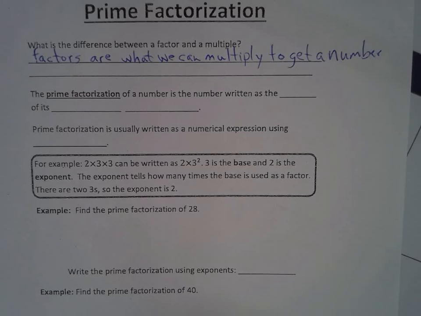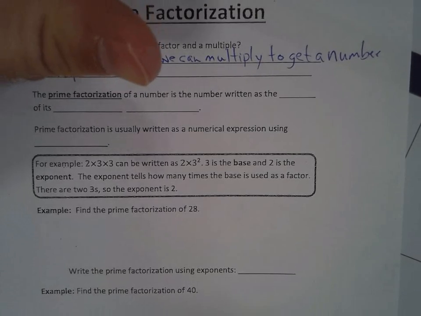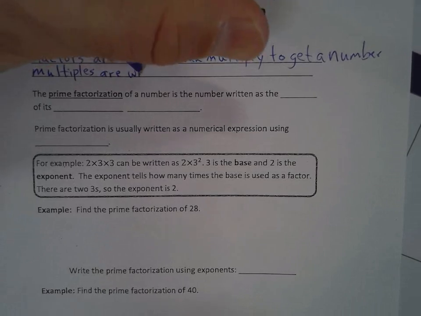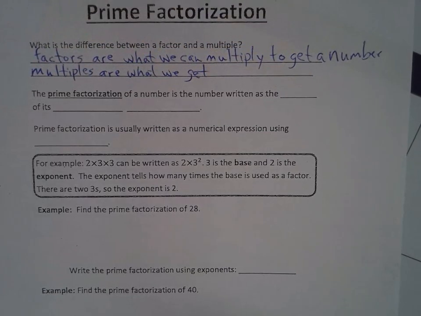Now, when you talk about multiples, you guys should all know this. Multiples are what we get after multiplying the number by another number. So let's write this. Multiples are what we get. Hopefully you guys can read this here, okay? I'm trying to zoom in.